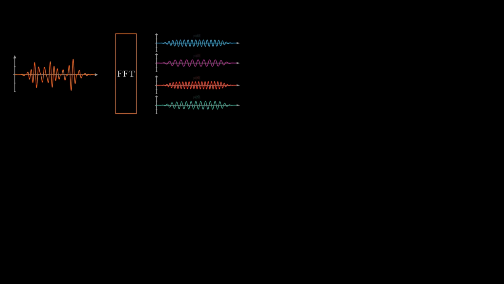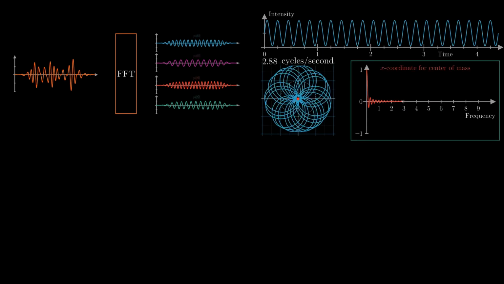We started with the idea that we can decompose any sound into multiple pure sounds with different frequencies. We then use different cycling frequencies to wrap our signal around a circle. Most importantly, we recognized that our cycling frequency matches the frequency of our signal whenever the position of our center of mass moves significantly.